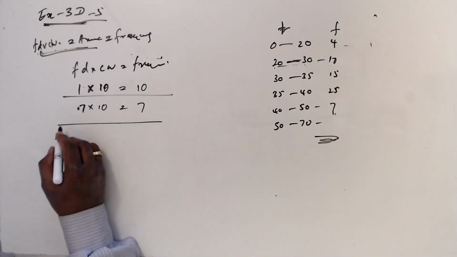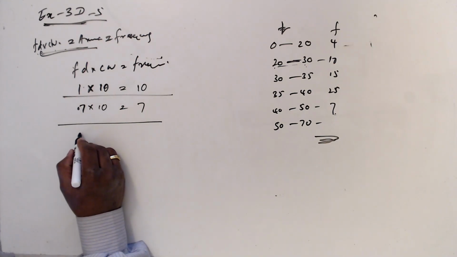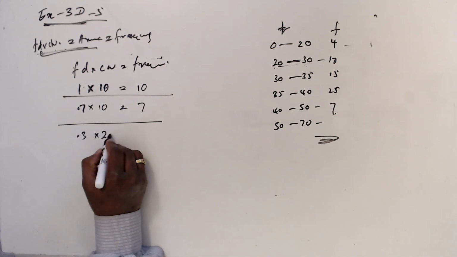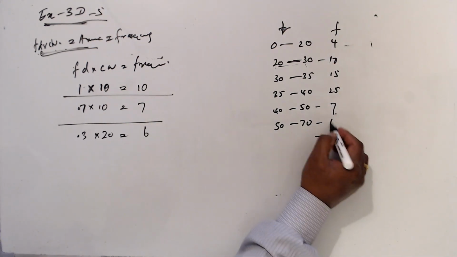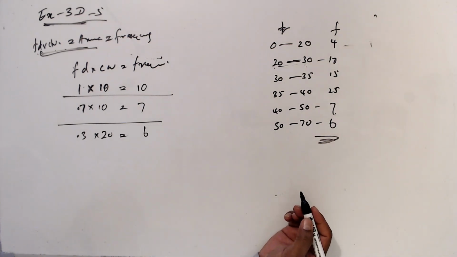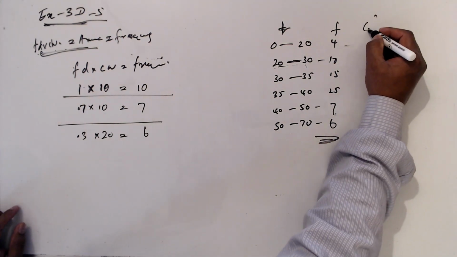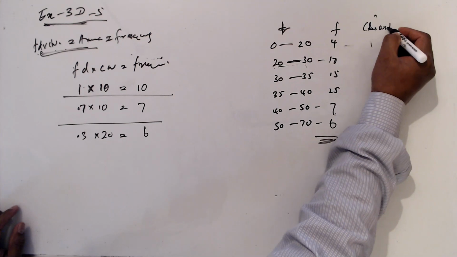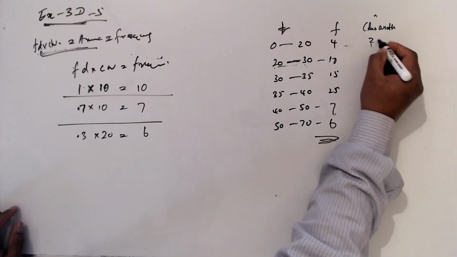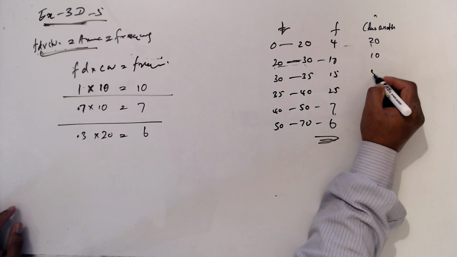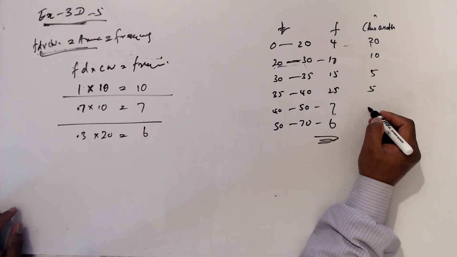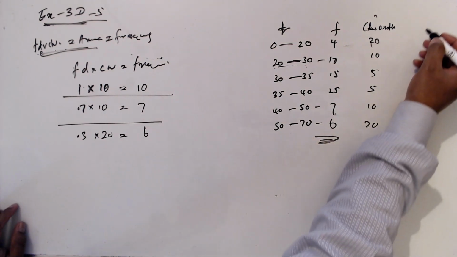And the other one, 50 to 70, the density is 0.3 times class width 20. This is going to be 6. So we can come that way around as well. Class width is going to be 20, 10, 5, 5, 10, and 20.